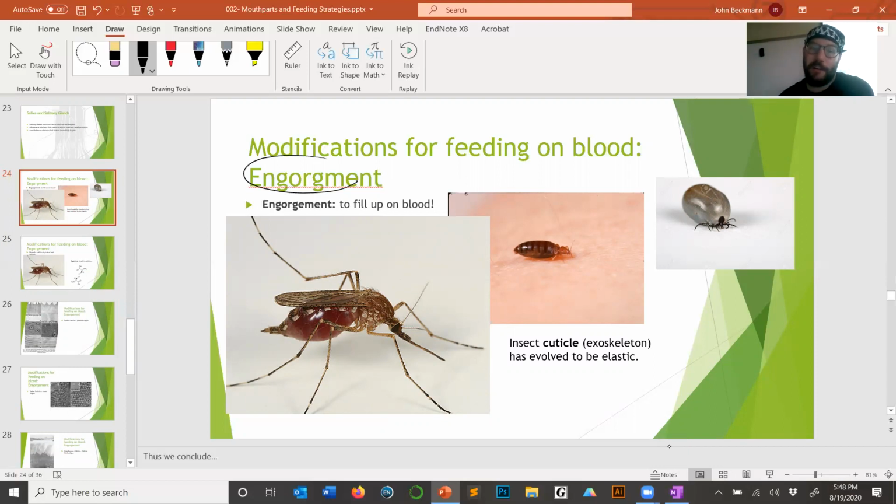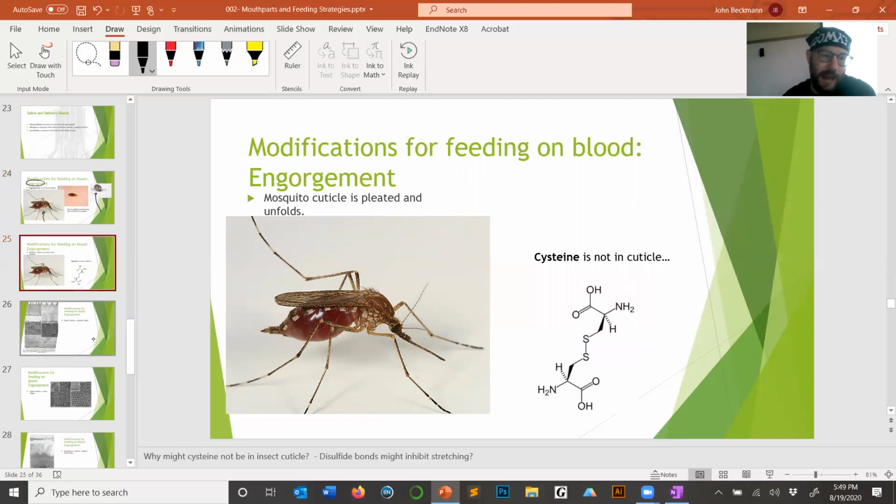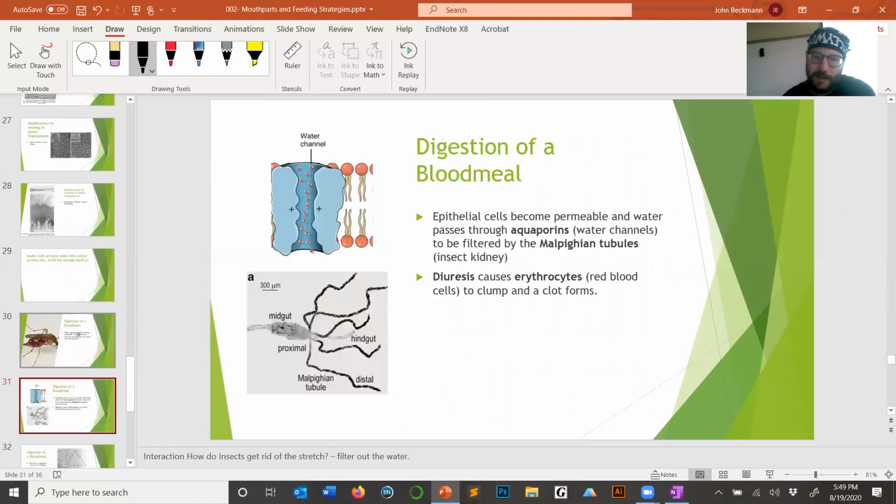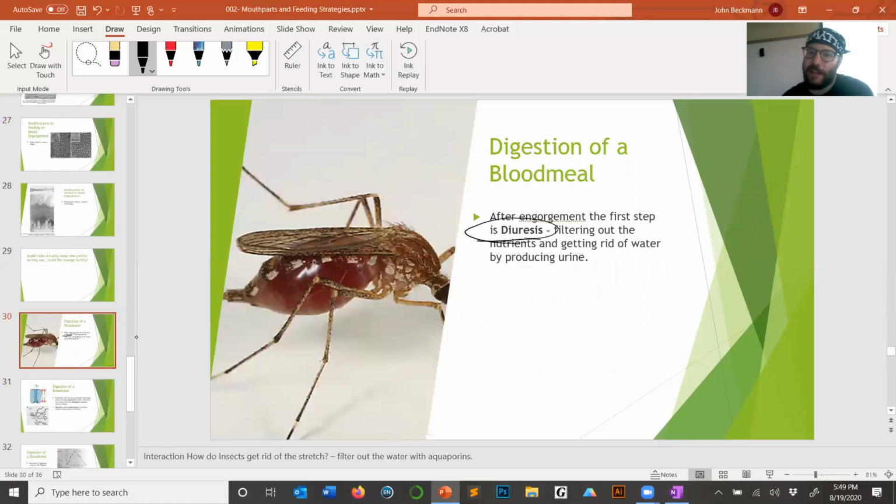So you see what's called engorgement. Here's a tick, and the tick can supposedly increase its size by 100-fold. They're literally like balloons. Here's a mosquito. They fill up, and then they go through a process called diuresis, which is essentially they have little kidneys called Malpighian tubules.